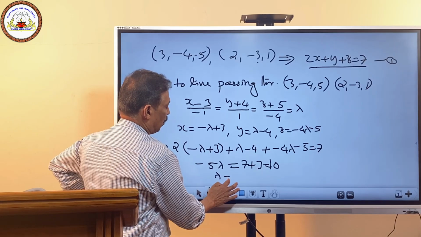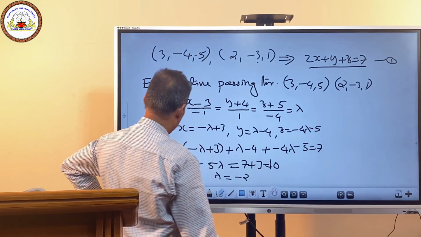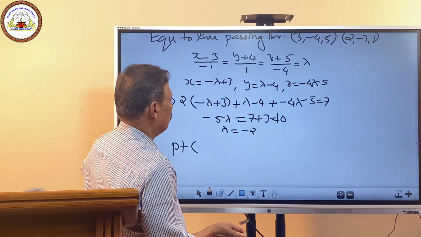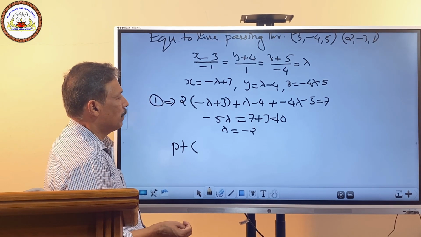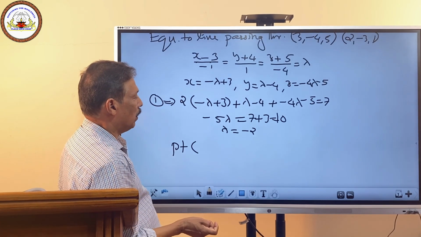So 5 lambda is equal to 10, lambda equal to 2.